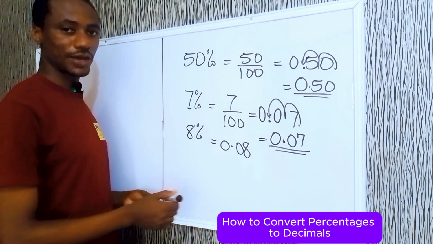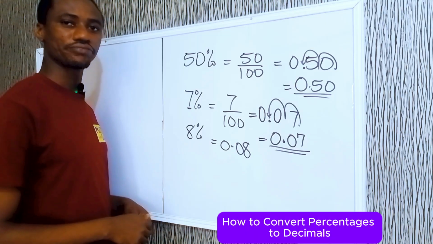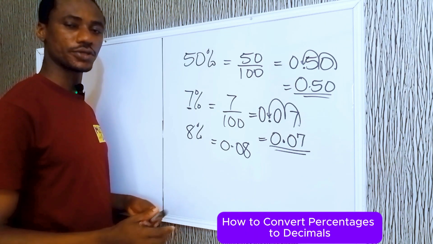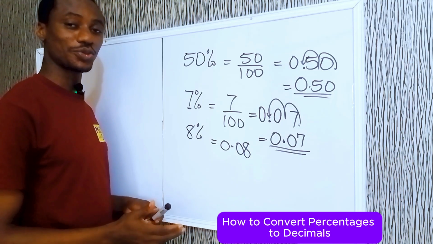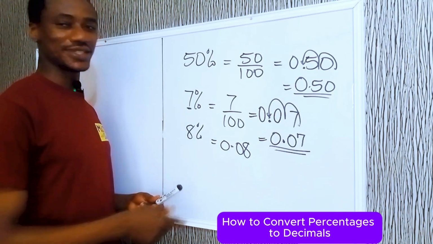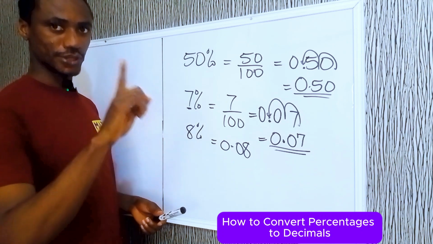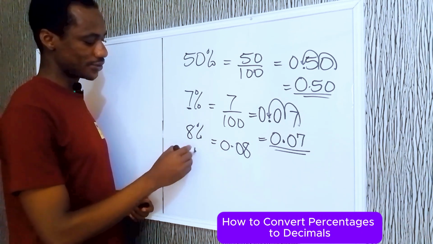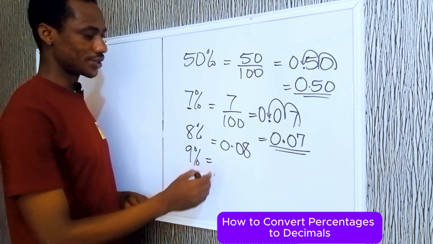If you have 3%, 0.03, 4%, 0.04, 5%, 0.05, 1%, 0.01. So when you have a single unit, it's going to be 0.0 that unit.